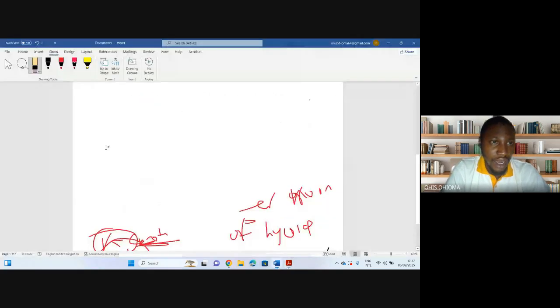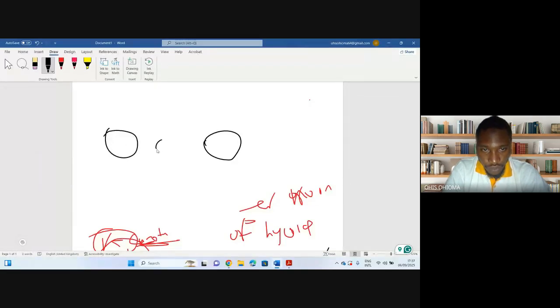So you have this guy here, you have this guy here, then you have two small guys here, right? These guys are known as the median nasal prominence. And this guy here is known as the maxillary prominence.